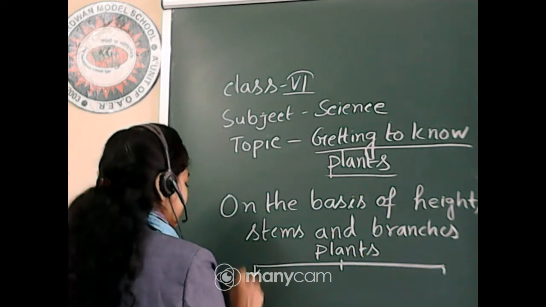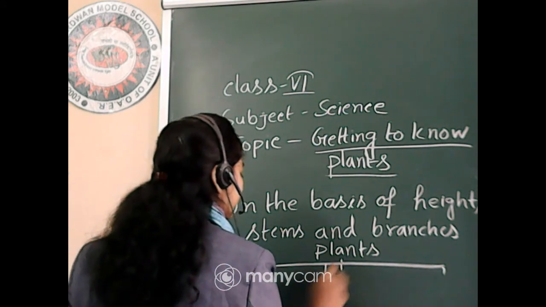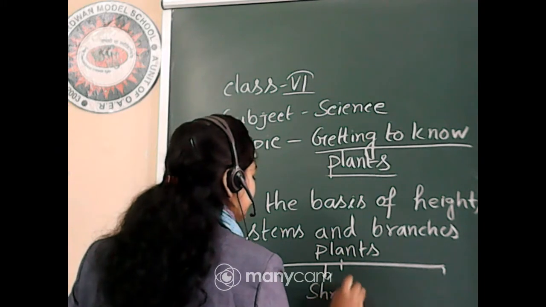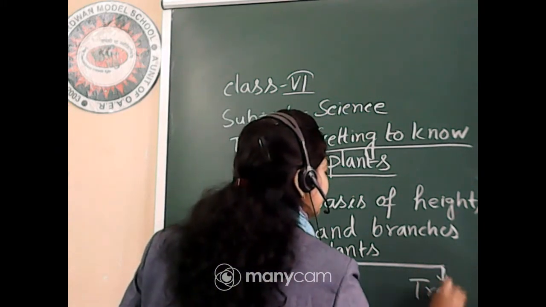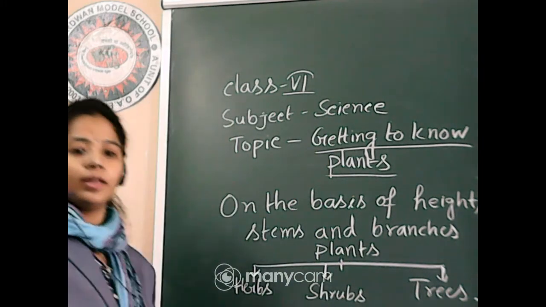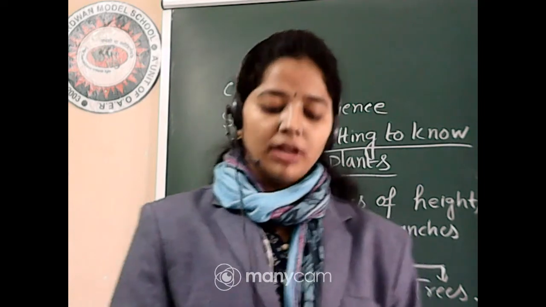The first one is herbs, the second one is shrubs, then trees. These are the main classification of plants.